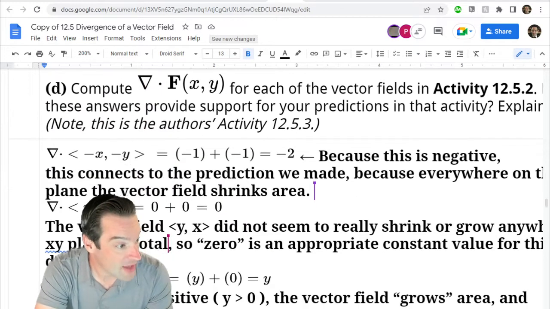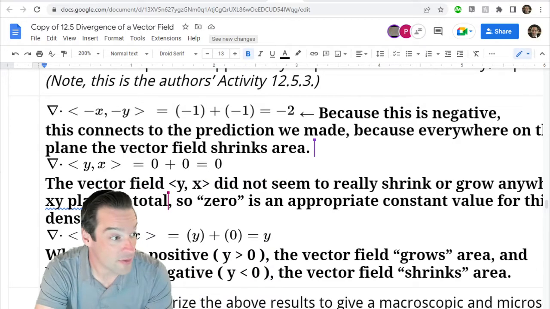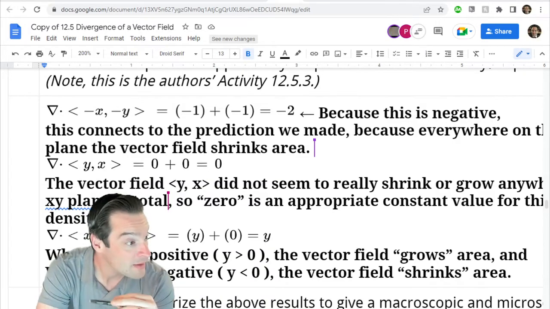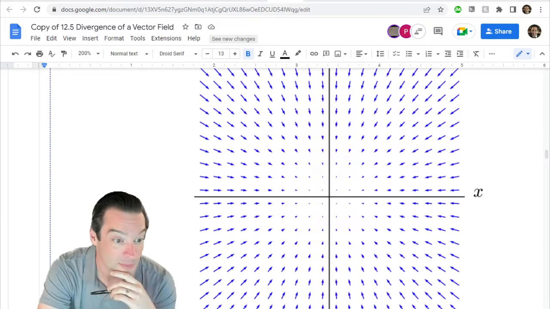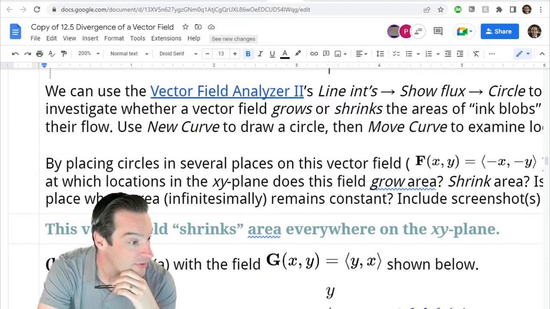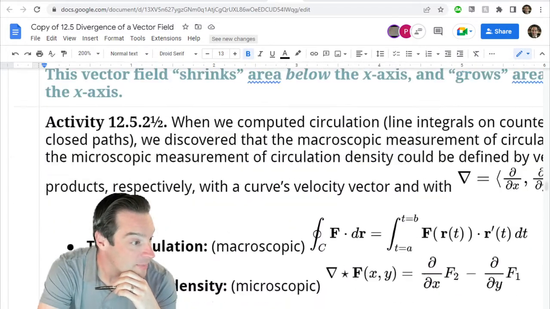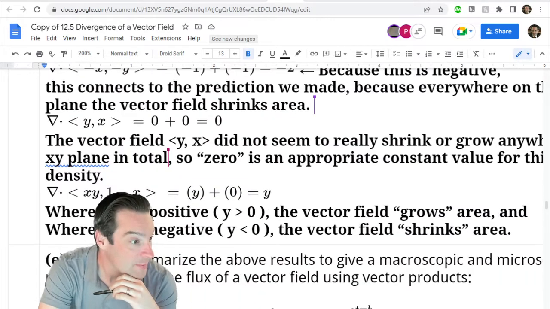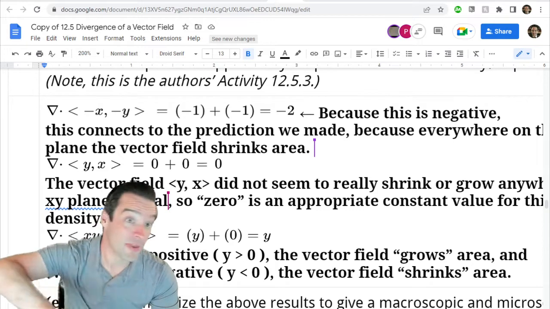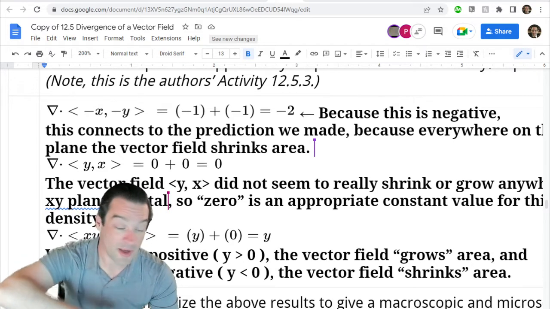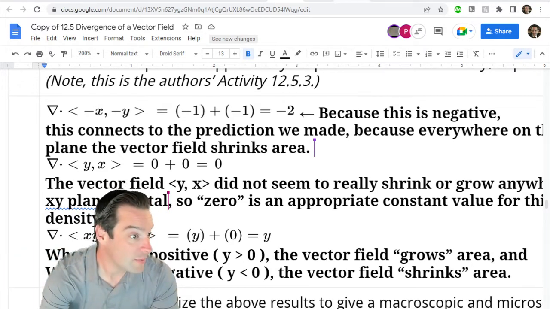So if, for example, we look at the three vector fields that we started with in the previous example, the first vector field that we thought was shrinking area everywhere, that's this one. Because it's shrinking area everywhere, we compute that flux density and we get a constant negative number. So everywhere in the xy plane, no matter where we go, it's shrinking area. How can we tell?